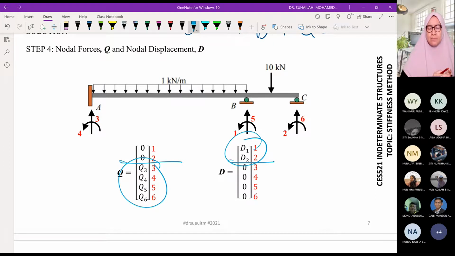So the remaining, we have to go back to the definition. The physical meaning. What is D1, what is D2, what is D3 until D6. So why D3 until D6 is 0? Because this is displacement at support.